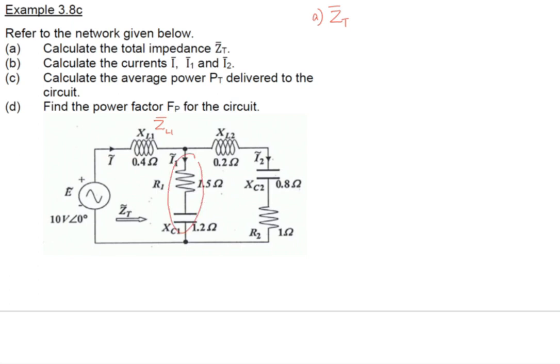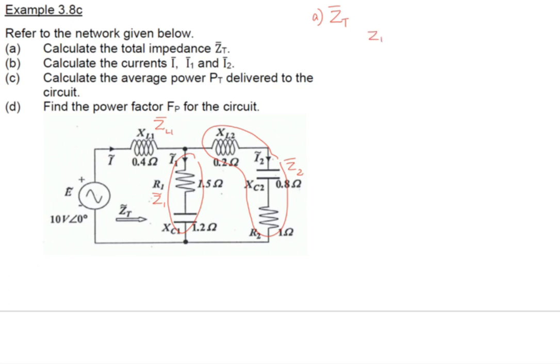And this branch, we can call this Z1, and this whole branch, we can call this Z2. So we can see from this circuit that Z1 and Z2 are in parallel. So let's list out everything first.